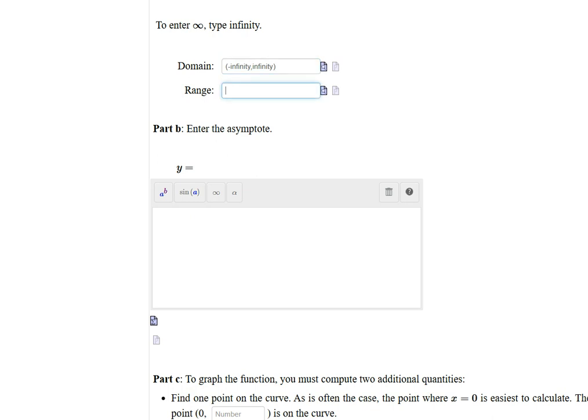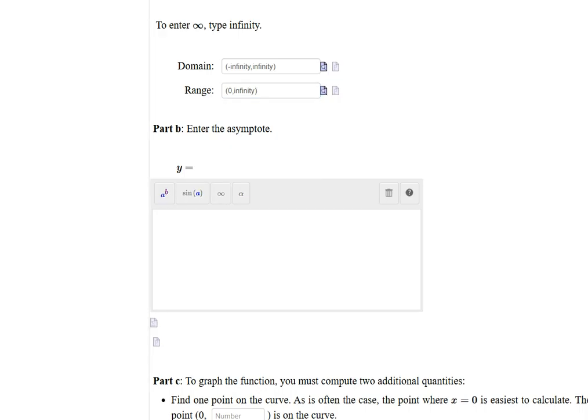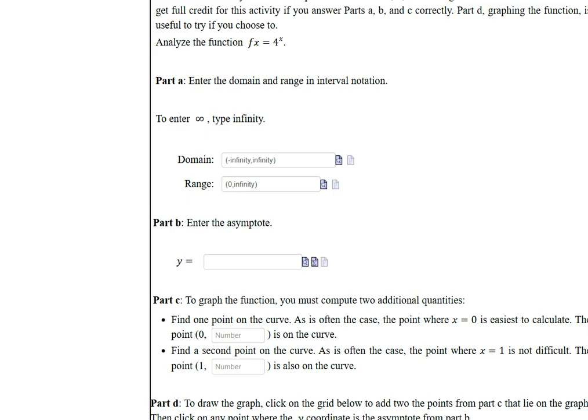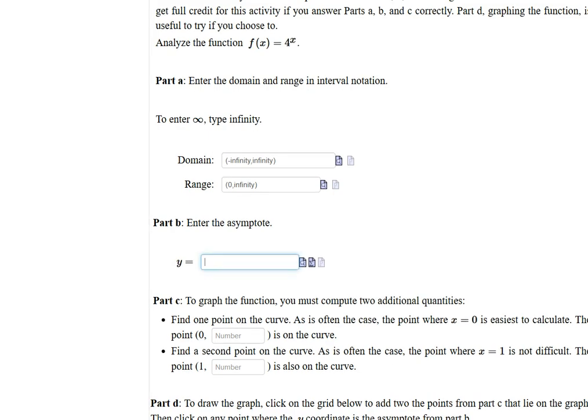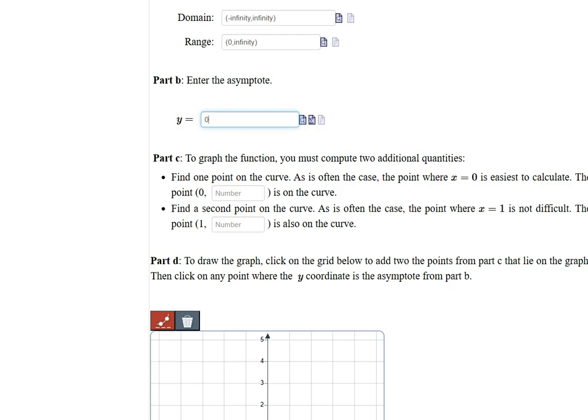And then the range was 0 to infinity. And then the horizontal asymptote is just y equals 0. Why would they give me the equation editor for just y equals 0? Okay, and then on this one it was 0, 1, and 1, 4.